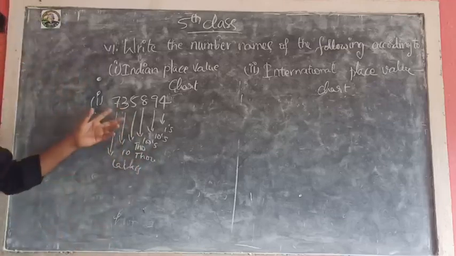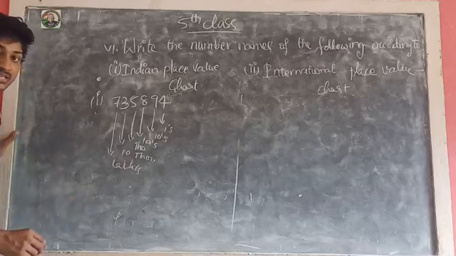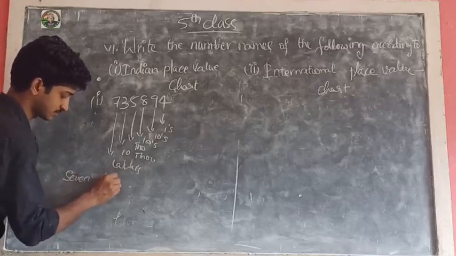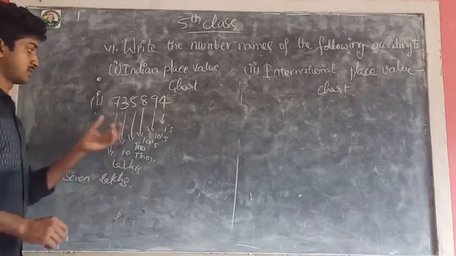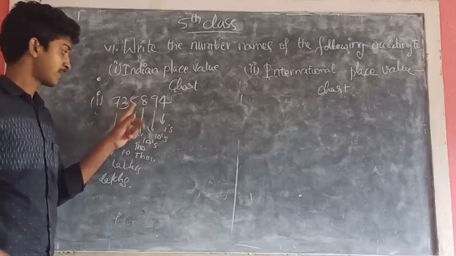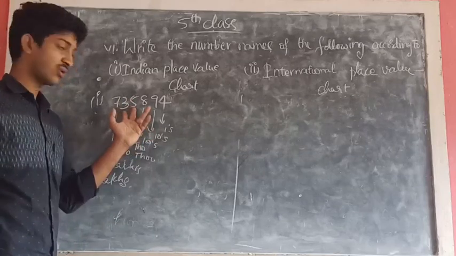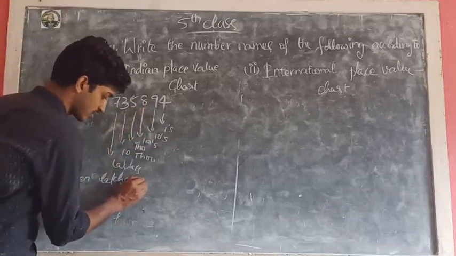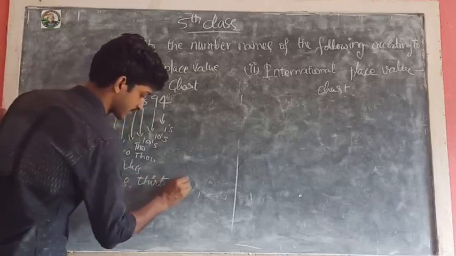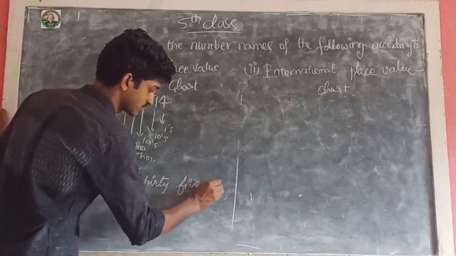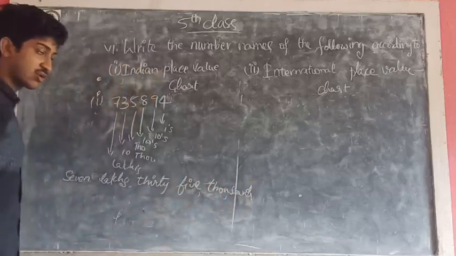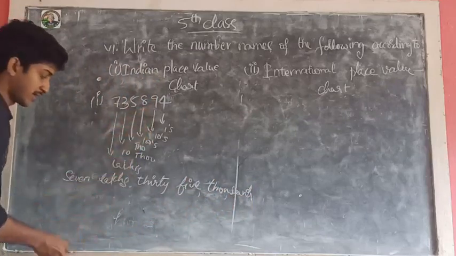So start with lakhs. We have how many lakhs? We have 7 lakhs. The place value of 3 is 30,000 and the place value of 5 is 5,000. Now add these two: 35,000 and 894.